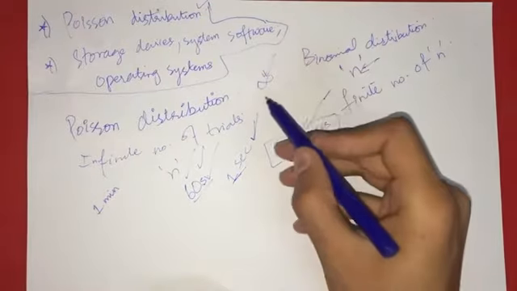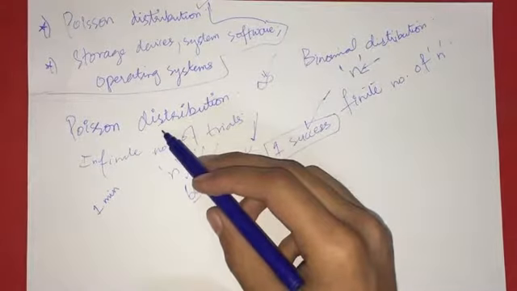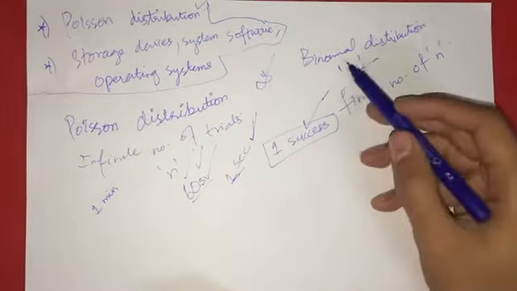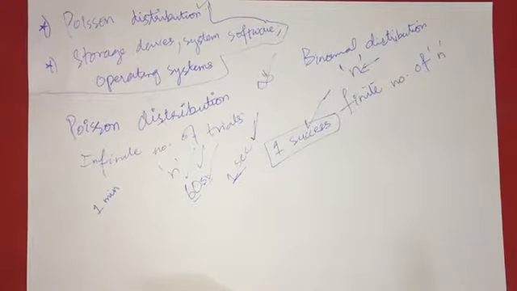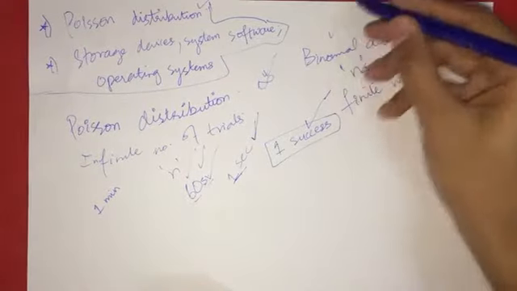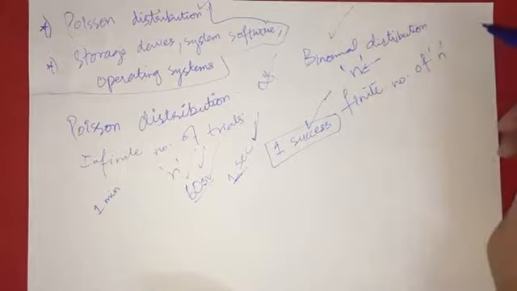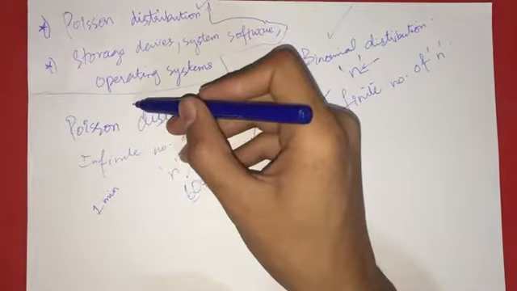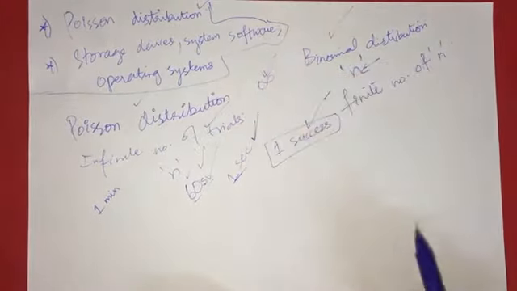So that was the difference between a Poisson model and a binomial model. In the binomial distribution you have a finite number of n, or finite number of trials, but in a Poisson distribution you have an infinite number of trials.